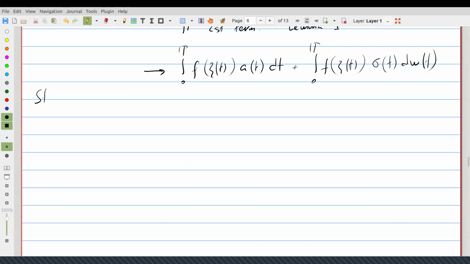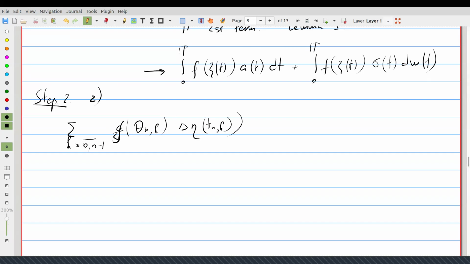Now the second, step 2. This is the main problem, essentially. So we have this sum of phi, f of theta_nk, delta eta t_nk squared, and I will write it as a sum of 3 terms.